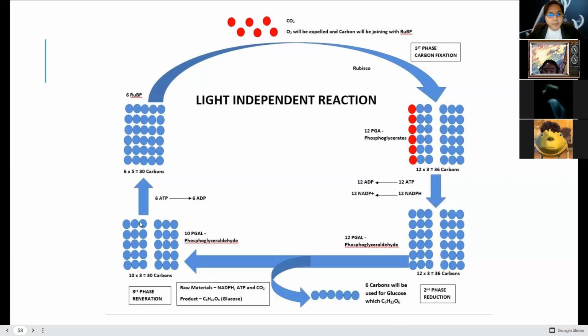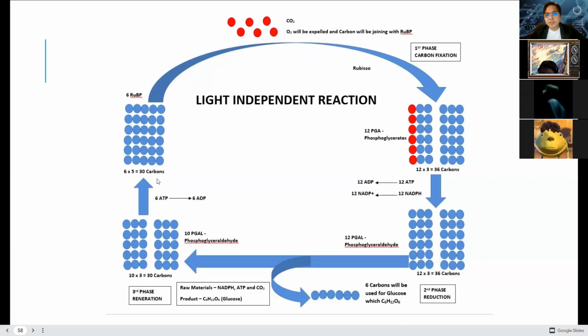And because of this rearrangement, we are using again ATP, 6 ATPs, because these are 6 RUBPs. We are converting 6 ATPs to ADP again in the process to create RUBP again.